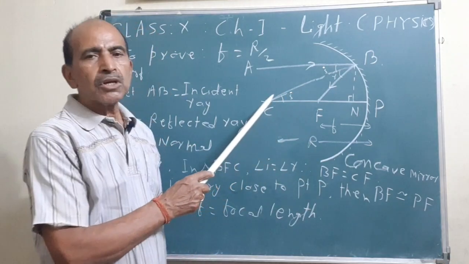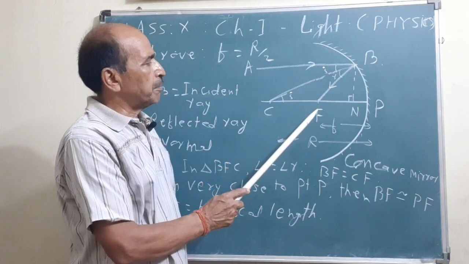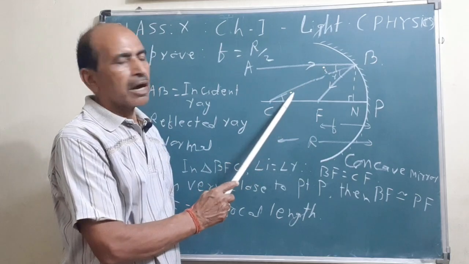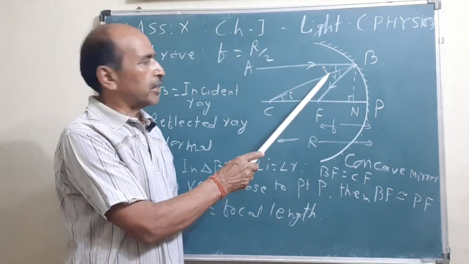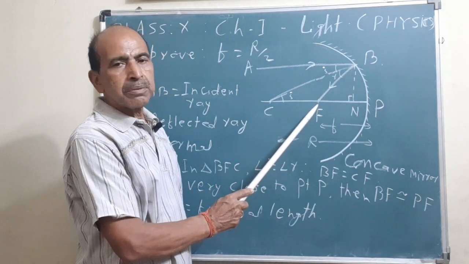Now we can take triangle B, F, C. So here you are getting angle I and here I. Why? These are alternate angles.